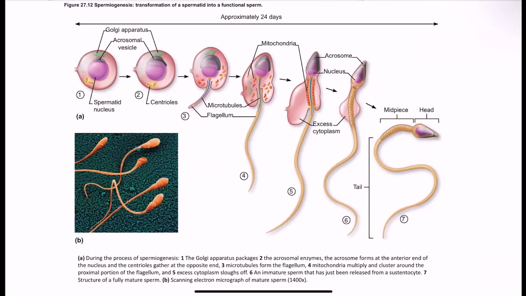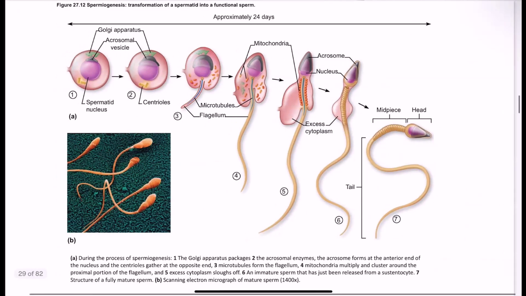Okay, so spermatids are the cells that are produced at the end of meiosis 1 and meiosis 2, but they're not sperm yet. In order to become sperm, they must undergo another process called spermiogenesis. So I'm going to write some definitions here on the side of this slide for you.